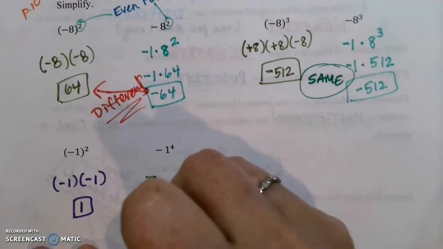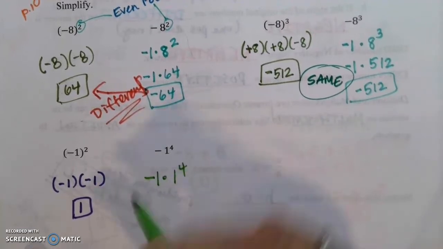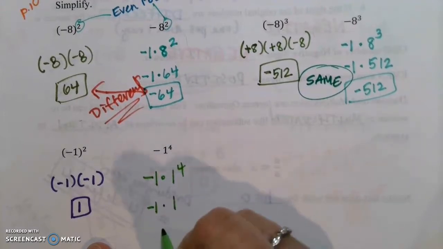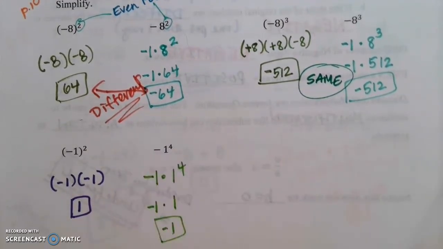And for this one, think about -1 times 1 to the 4th. And that would just be -1 times 1. So this one would be a -1.